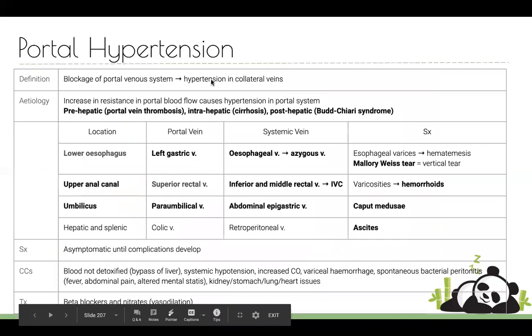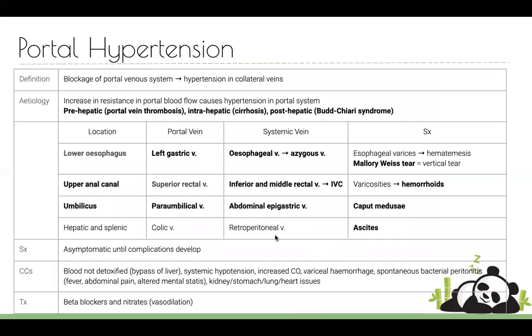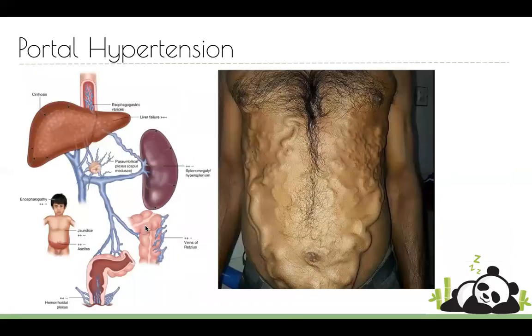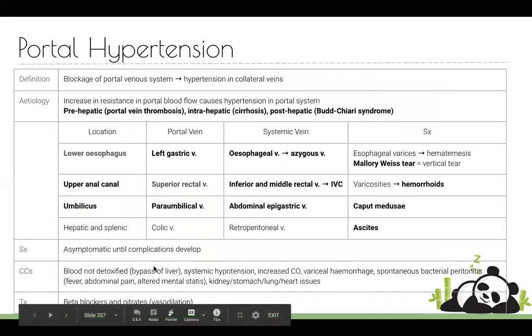So portal hypertension is usually asymptomatic until things like this develop, but it can also cause splenomegaly, and it might be due to liver issues. You might see things like encephalopathy, which is confusion, brain issues because of liver failure, jaundice, things like that. And you would treat that with beta blockers and nitrates. I wouldn't say that learning the management for all of these things is very important at your level.